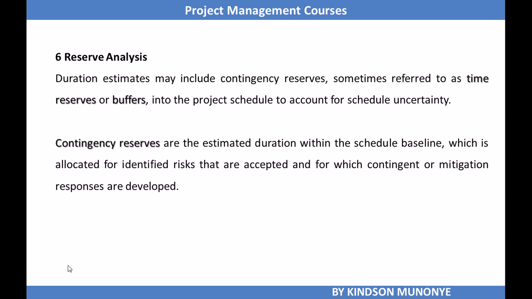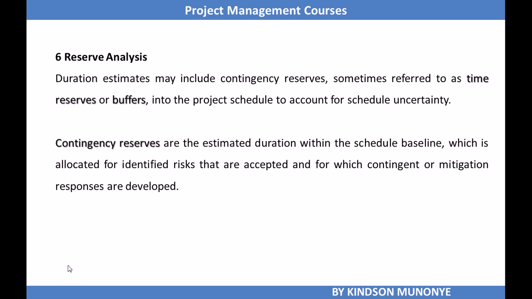That does not mean you pad the estimate by saying, okay, I'm making an estimate of 2 weeks and then I'll multiply all my estimates by 2. That will not be reserve analysis. In reserve analysis, you want to make some provision for risks or uncertainties. Of course, these uncertainties have to be identified and documented in a risk register.